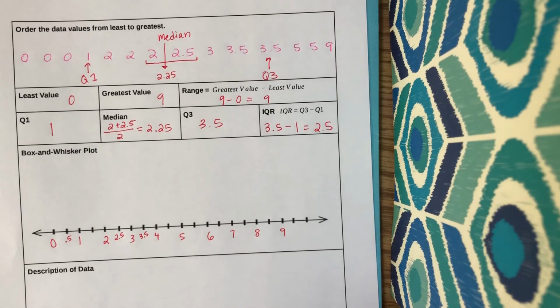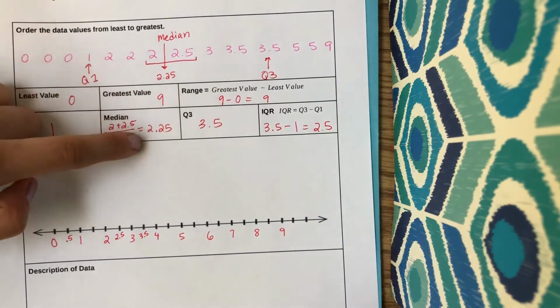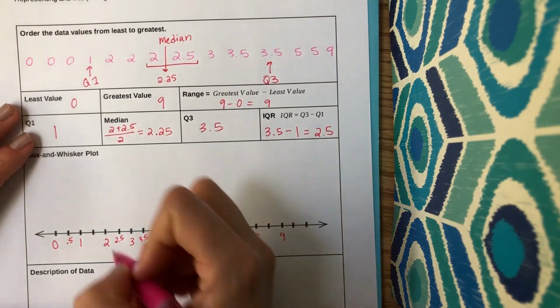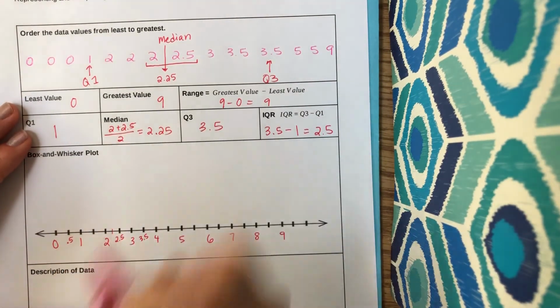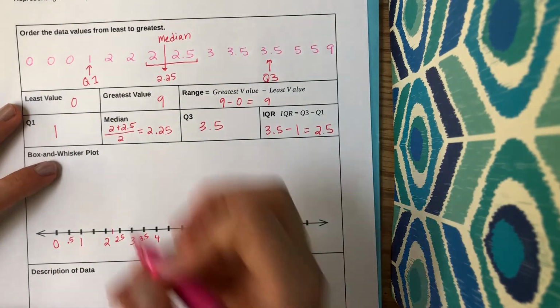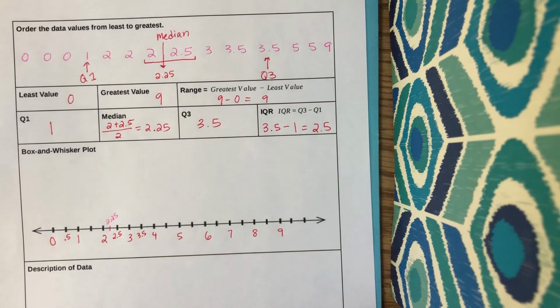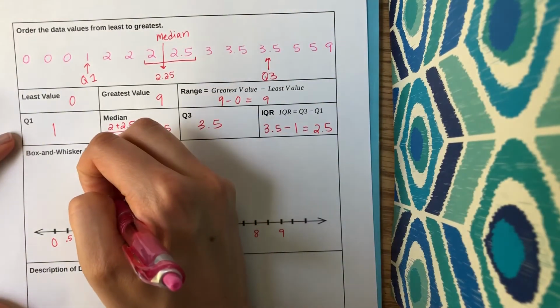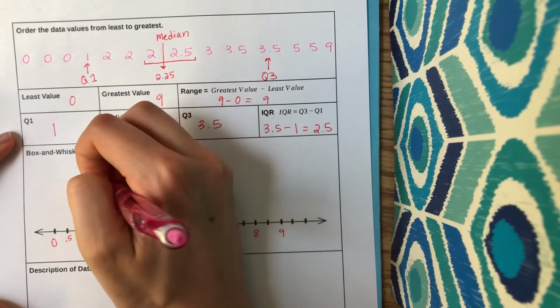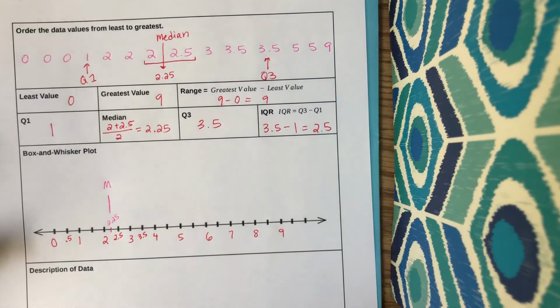Okay, now for our box and whisker plot. We start with the box, and I like to start in the very center. So my median is at 2.25. So 2.25 is right here, in between 2 and 2.5. I'll just write it above so I can see it. And I'm going to put a line above 2.25, and I'm going to put an M at the top of that line to represent median.